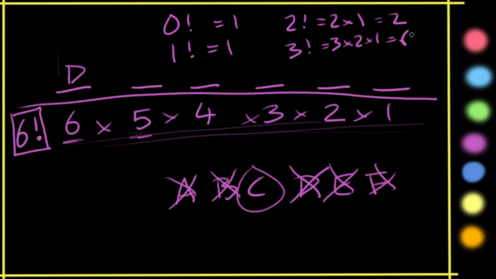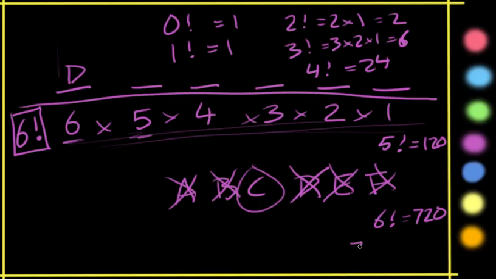If you keep going, 4 factorial is going to be 24. 5 factorial is 120. And then 6 factorial is 720. And then 7 factorial, if you want to memorize that one, is 5040.